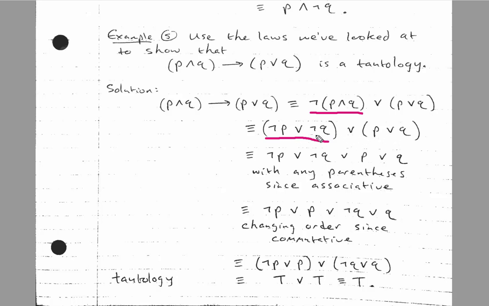All right, so now we just have ors everywhere. We know that or is associative, so that means it doesn't matter which of these ors you do first, so you could just write it with no parentheses.